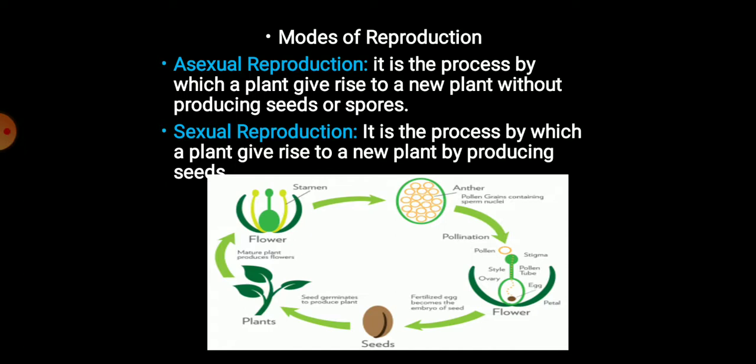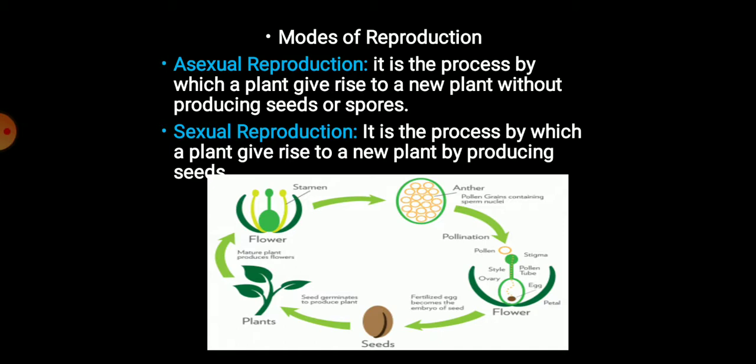As you can see, this is a seed. From these seeds, a plant grows with the help of germination, and from this plant, a flower arises. And as I told previously, this flower consists of both male and female reproductive parts. So this yellow portion is the male part, which is the stamen, and this stamen has a yellow portion known as the anther, and this green portion is known as the carpel, which contains stigma, style and ovary.